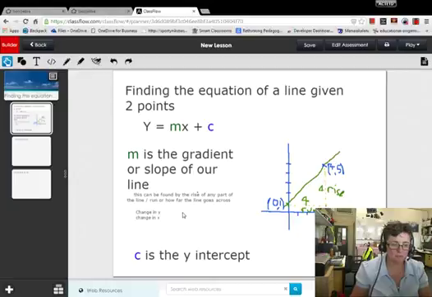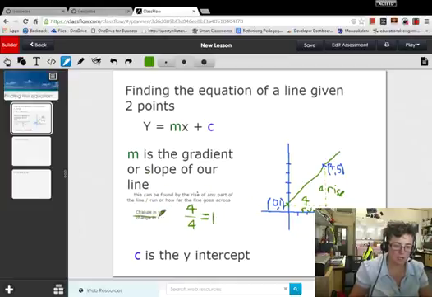So in this case, it's going to be 4 over 4, which is equal to 1. So our slope of our line is 1. So it's the change in y divided by the change in x.